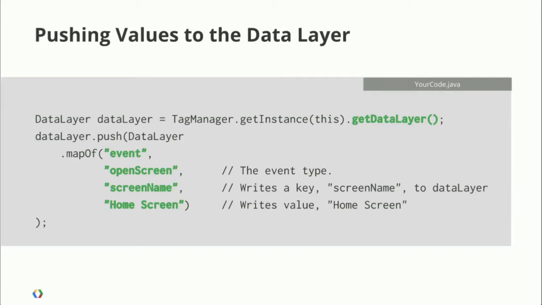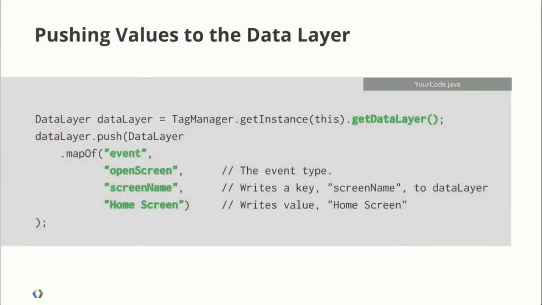The data layer is used for 2 things. The first thing is just to provide interesting runtime information. As an example, you might want to provide how many times the user runs this application, if you might want to have some rule based on that. Okay? Or what's the user's lifetime value? Again, so that later on you can have rules to deal with that. And then the second thing you use the data layer for is pushing events.